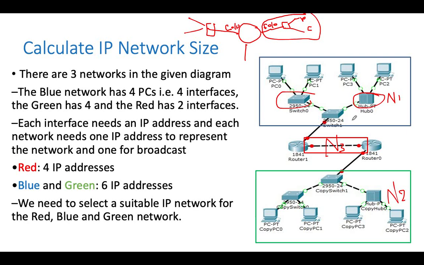With the hub, if it receives a message over here, it will send a copy to this and this. It doesn't matter which device the message is actually for. As soon as the hub receives a message, it duplicates it to all the devices linked to it.